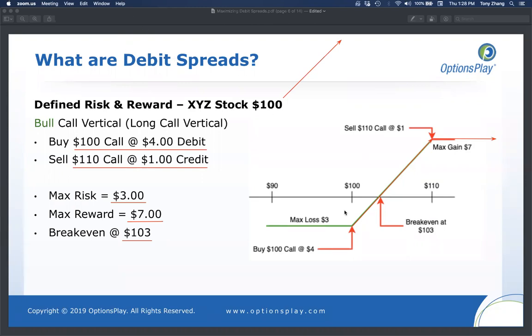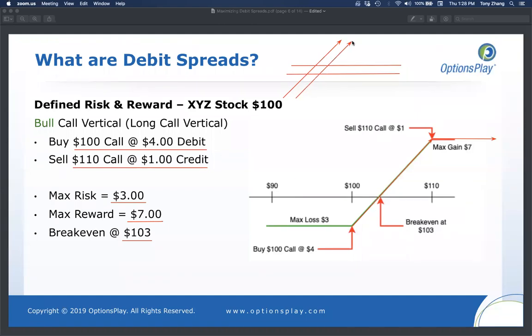Before, we had said that the stock needed to reach 104 in order to break even. Now it only needs to reach 103 in order to break even. So what you're basically saying is that now, if the stock does make a 4% run, I'm actually able to make money on this trade, not just break even. If it reaches 103, I'll break even.